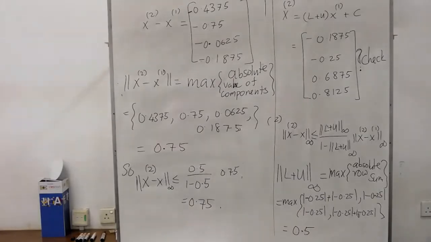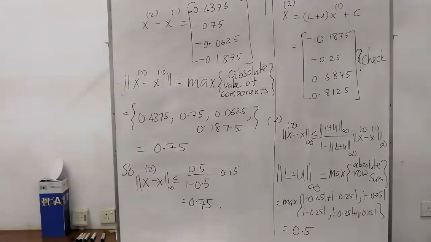Now the third part is applying the SOR method, which you can do similarly to what I did here for Jacobi. The only difference is the iterative matrix is different. Gauss Seidel, you all know, is a special case of SOR, so it's almost similar.